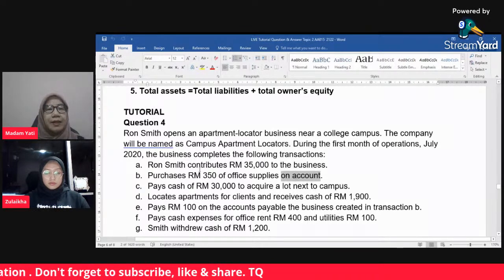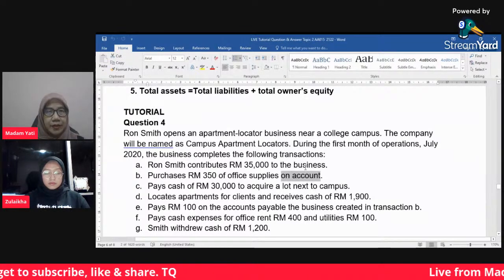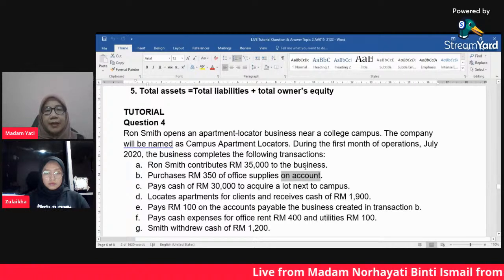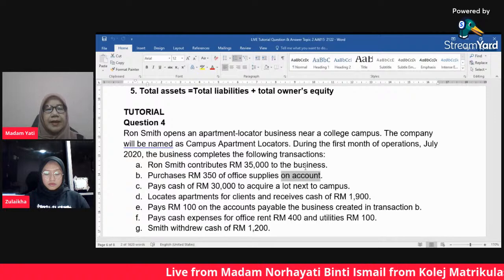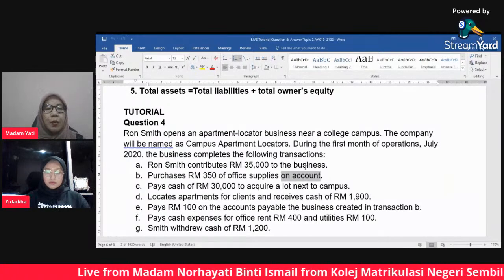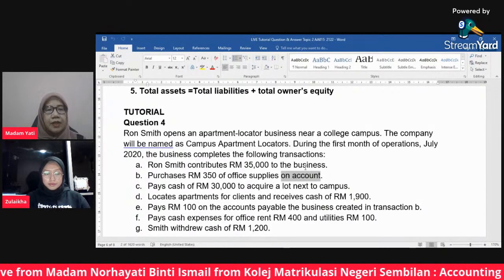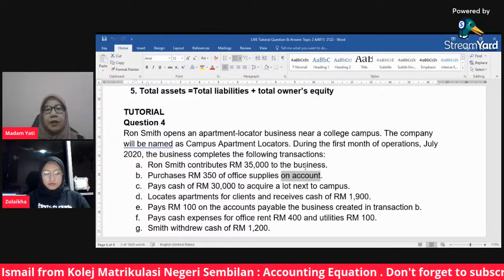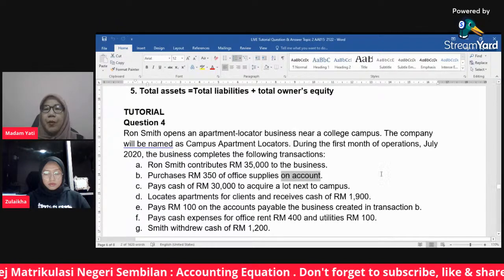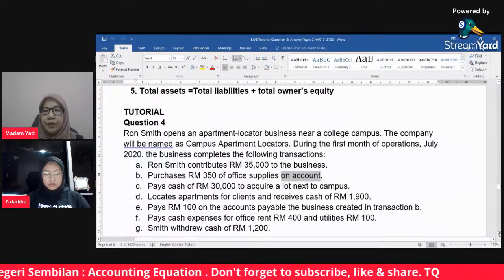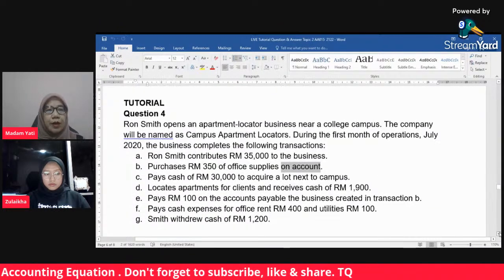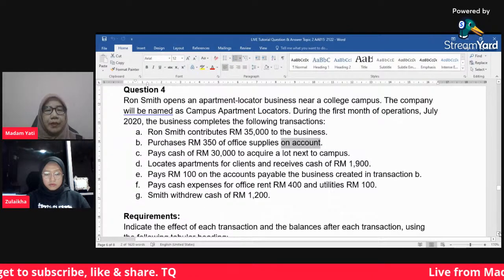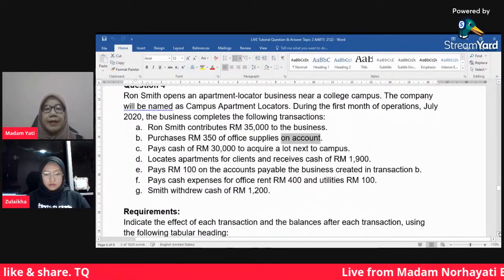So after you analyze the transaction, that's why we call analysis of transaction. You must analyze the transaction and you must identify which categories are involved, either asset, liabilities or owner's equity. Now we look at the answer. Okay, for this question, the requirement: indicate the effect of each transaction and the balances.